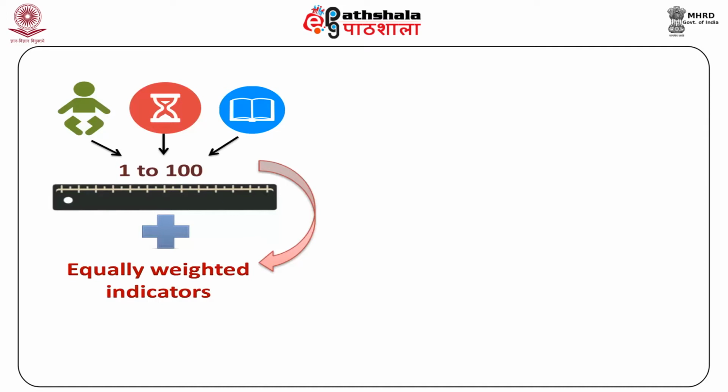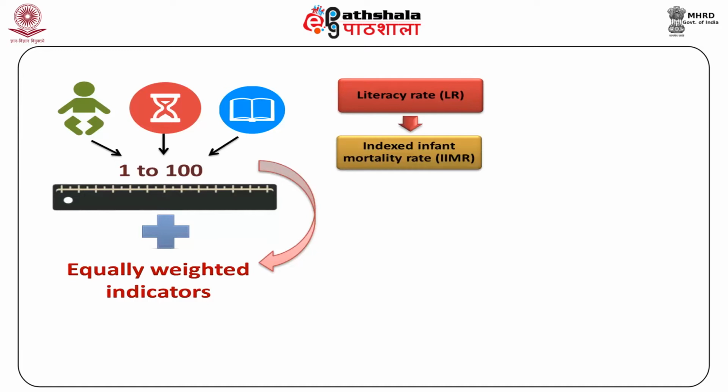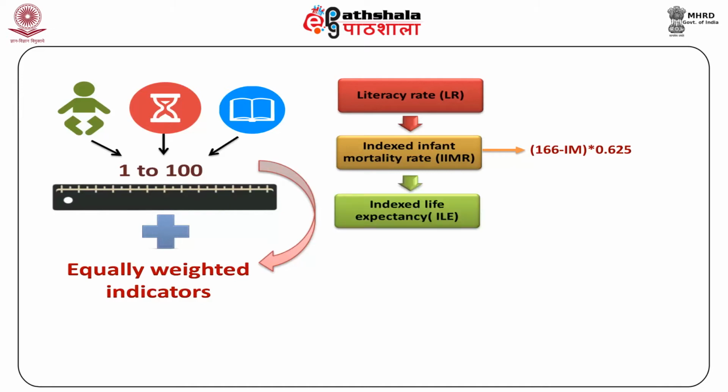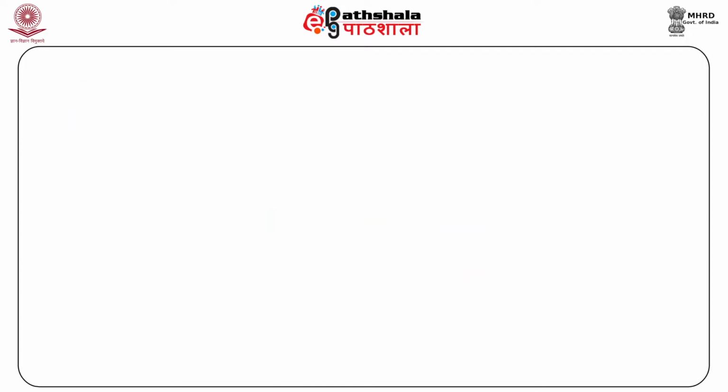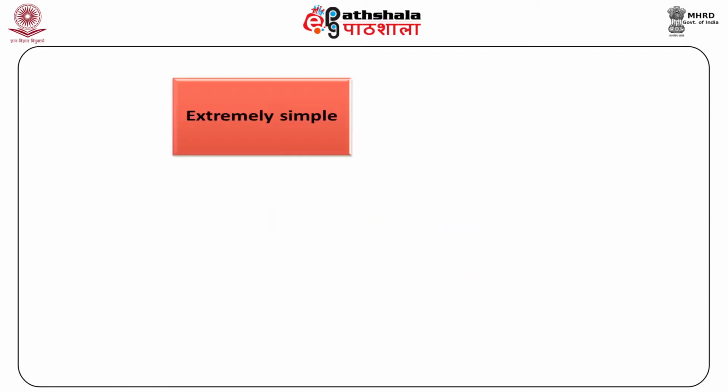To calculate the PQLI for a country, we have to find its literacy rate, indexed infant mortality rate (166 minus infant mortality) into 0.625, and indexed life expectancy (life expectancy minus 42) into 2.7, sum up and divide by 3.